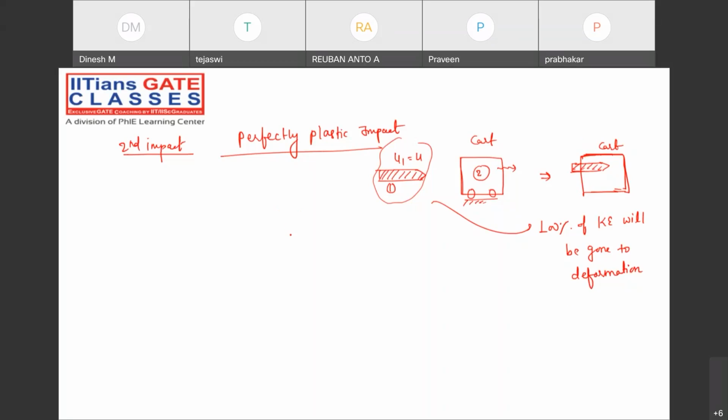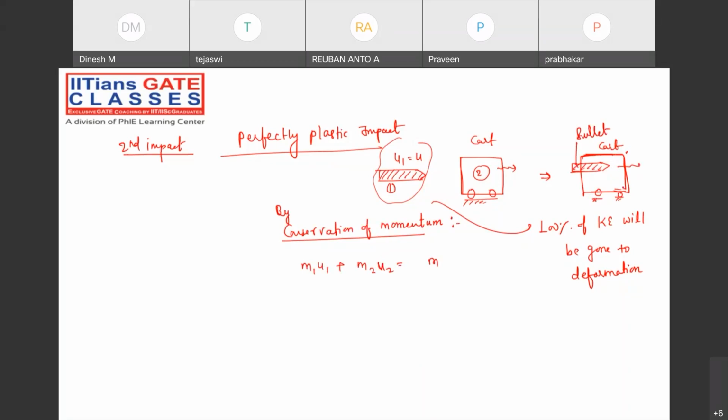Now, in this case, what can we have? Conservation of momentum. Apply conservation of momentum. m1, mass of the bullet, is moving with some velocity u. Mass of the cart is moving with some velocity, suppose u2. After that, what will be the velocity of the cart and this bullet?